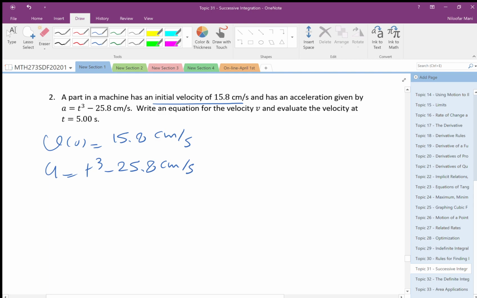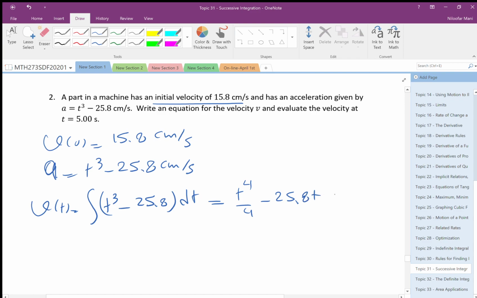Write an equation for the velocity v and evaluate the velocity at 5 seconds. Okay, so I have a, I want to go to v. So v is the integral of t cubed minus 25.8 dt, which is t to the power 4 divided by 4 minus 25.8 t plus v0.